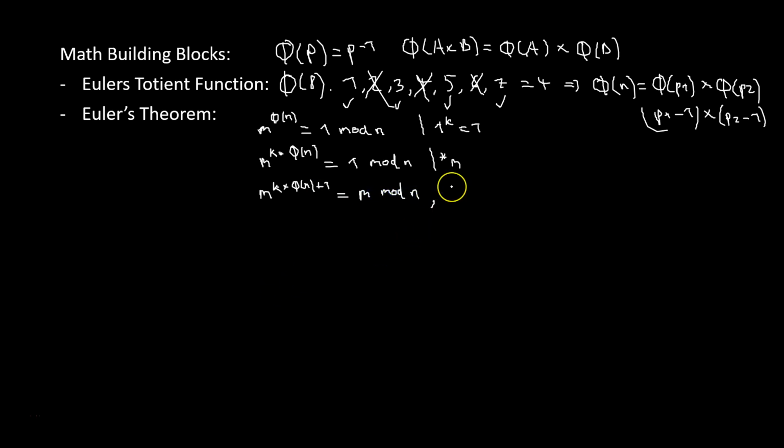Let's remember the formula we created to encrypt and decrypt the message. What we want to have is something like this. A message raised to the power of the public key times the power of the private key should give us m mod n back.